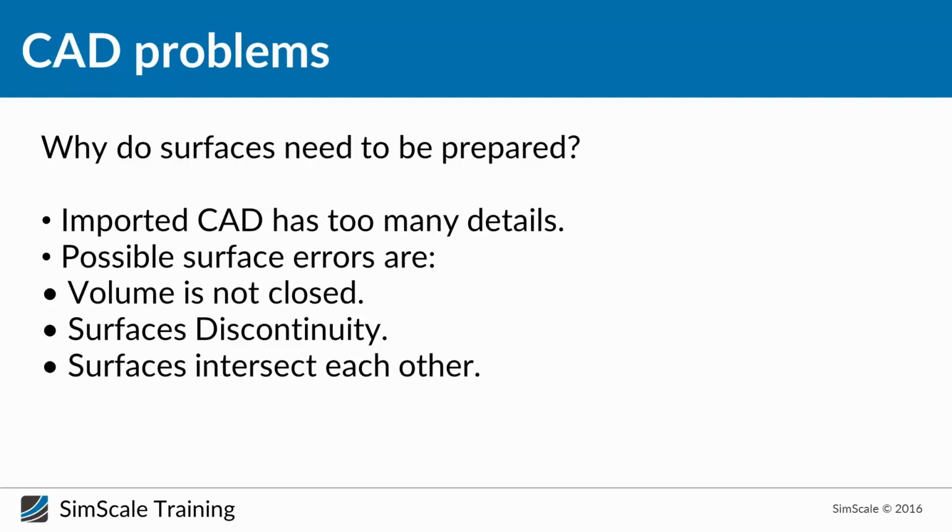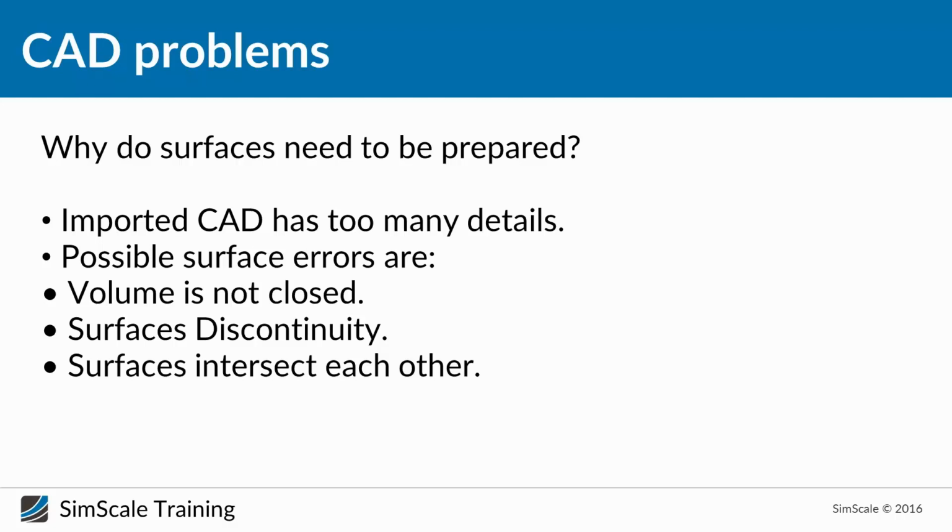For example, if you take a full car model, this CAD is mainly for construction or something like that, and you will find a lot of features and elements that we don't actually need in CFD or in our simulation, because these details will just add more complexity to our geometry but will not have much effect on the results, and sometimes create problems for the mesh generation. So we have to take this into consideration to create a high quality mesh.